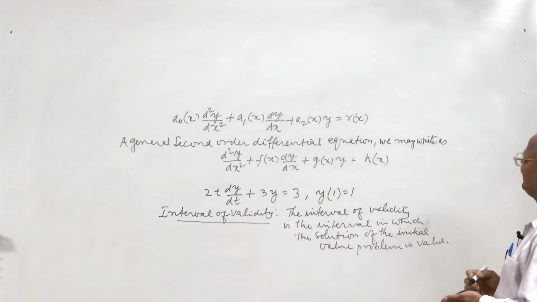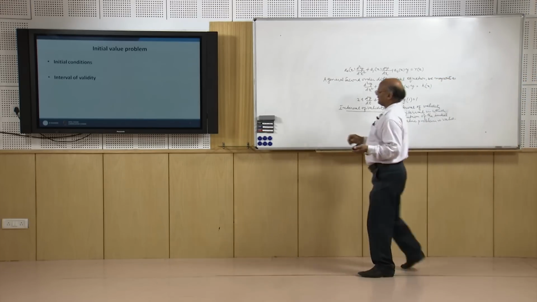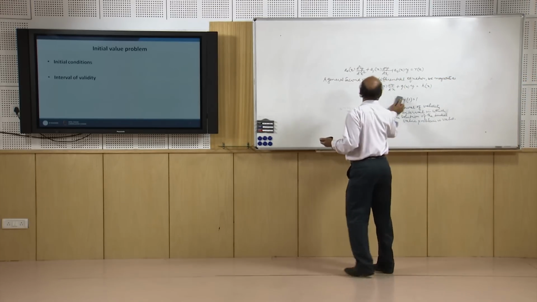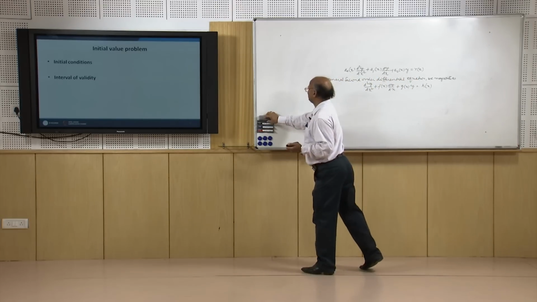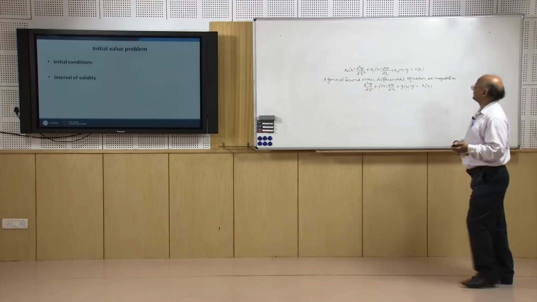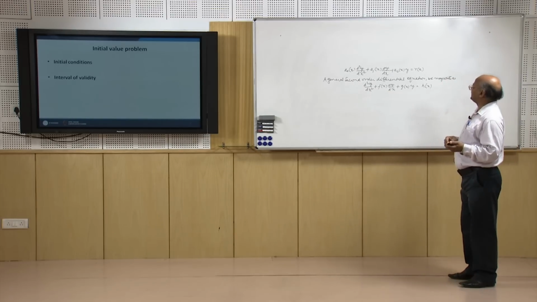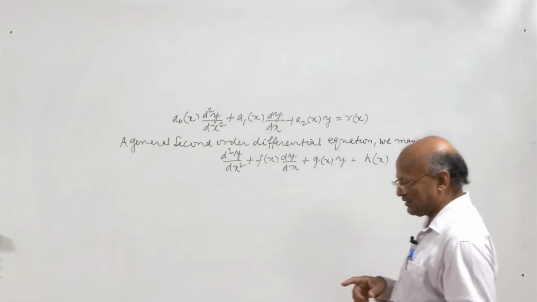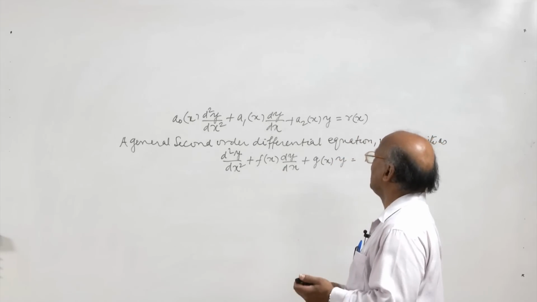This is the general second order linear differential equation. We shall be considering a particular case of this later on, where we shall discuss second order differential equations with constant coefficients. Here f(x) and g(x) are called the coefficients of the equation. In second order differential equations with constant coefficients, we shall be taking f(x) and g(x) as constants.